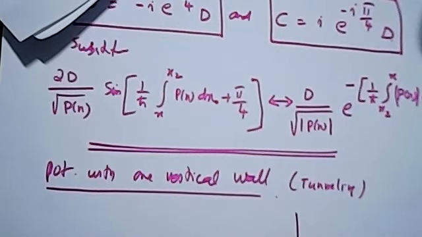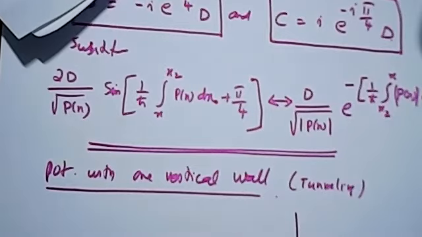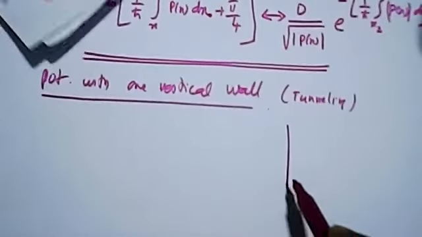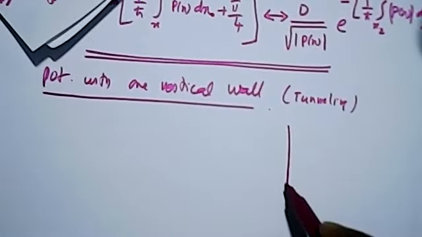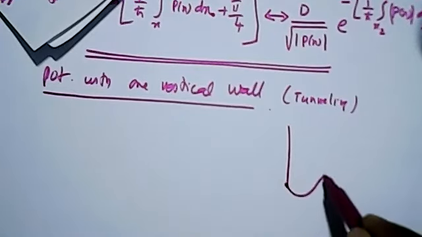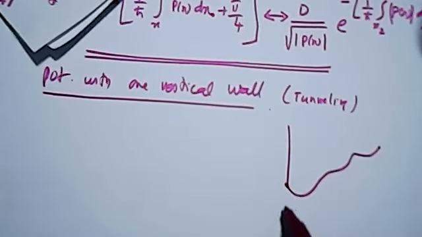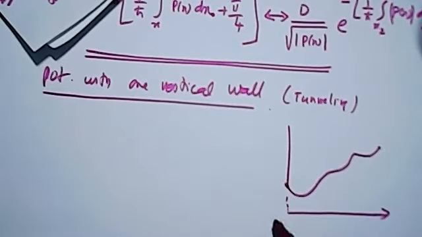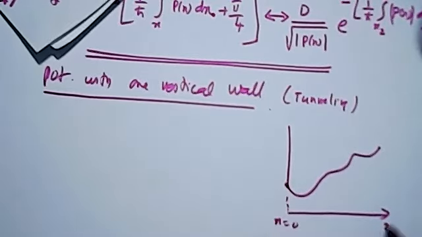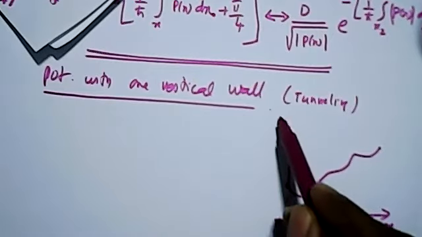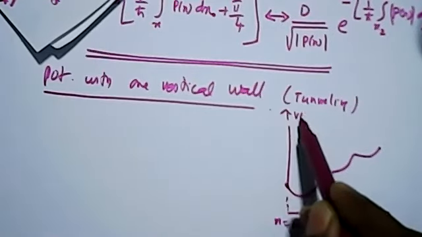On one side it is vertical. The left side is vertical, and the right side takes some random direction like this. So this point is x equal to 0, x varies here, and here is V of x.